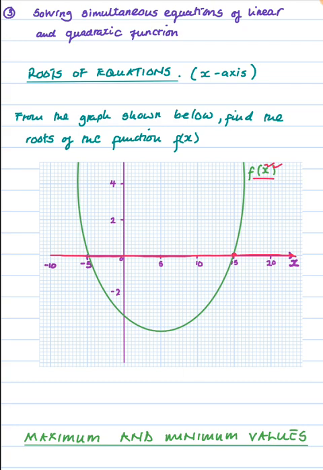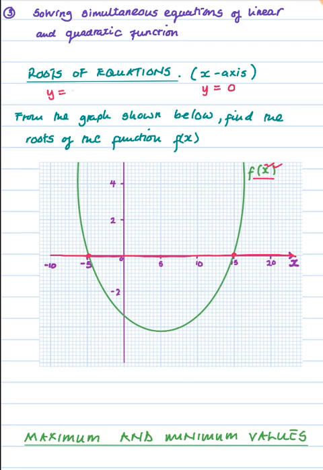Then the graph comes again and cuts here, that's the second value. And where we see it cutting on our x axis, we find that our y will be equal to 0.